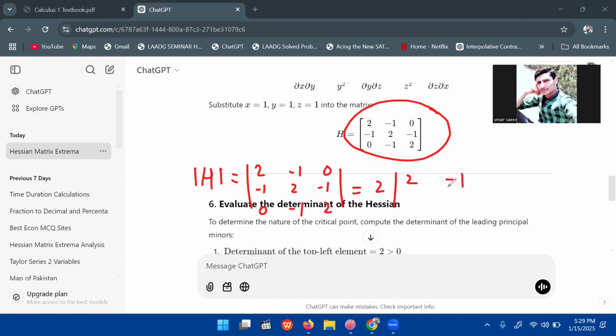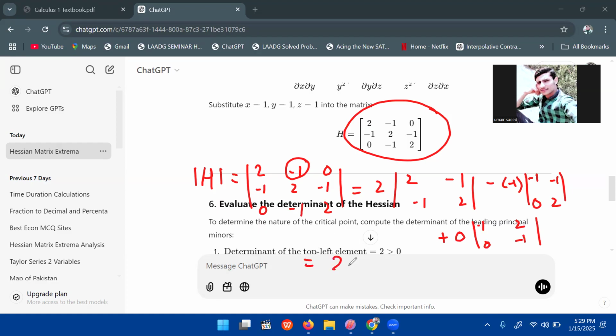You get 2, minus 1, minus 1, 2, and then you have to put a minus sign, and this number is minus 1. You have to ignore the first row and second column. You got minus 1, 0, minus 1, 2, and then you have to put 0 and this number, and ignore the first row and third column.